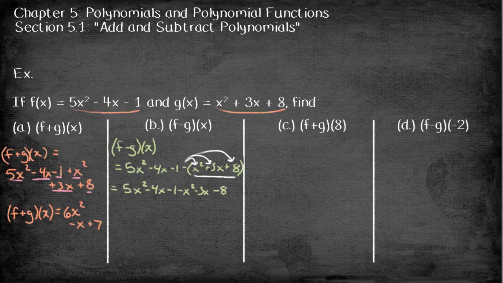Do I have any like terms? 5x squared and negative x squared. Negative 4x and negative 3x. Negative 1 and negative 8. That would be the function f minus g of x.